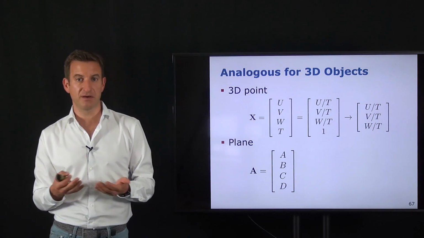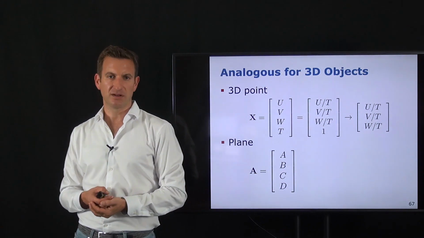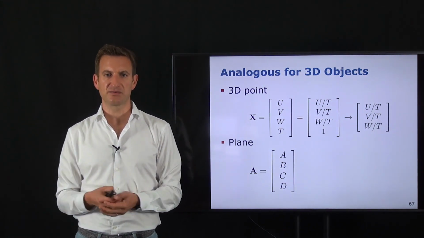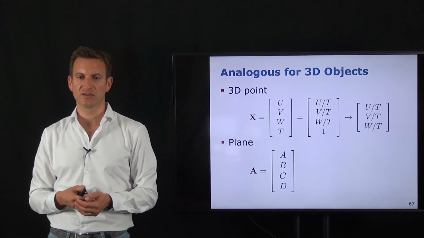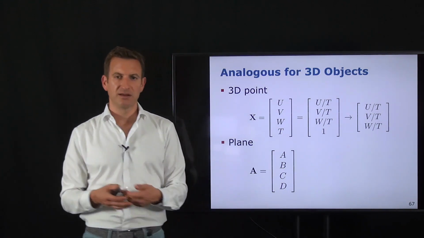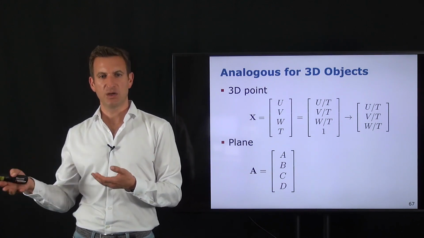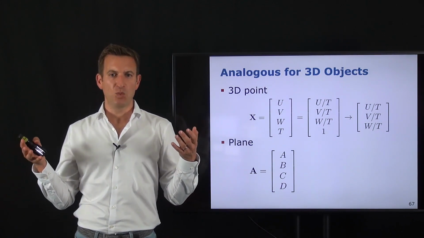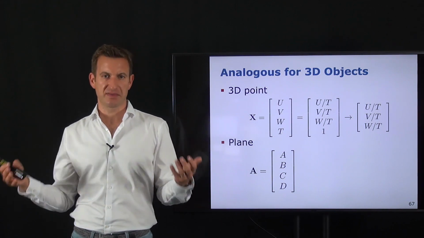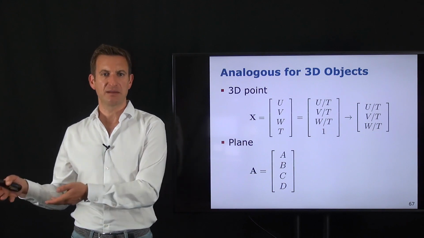So if we have a point in 3D, again, we have just a 4-dimensional vector to express the 3-dimensional point in homogeneous coordinates. And we can do a very similar thing for a plane, which can be expressed as an equation that equals 0 with 4 coefficients rather than 3, because now I have not only the x and y coordinate, I have x, y, z, and my constant.